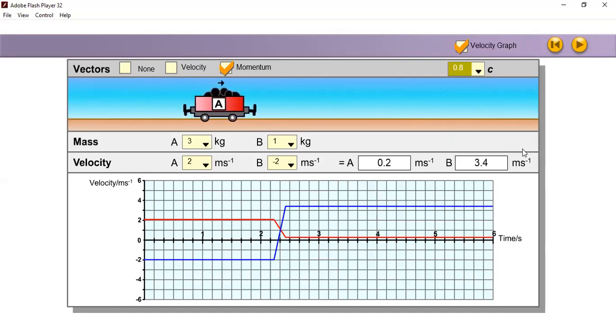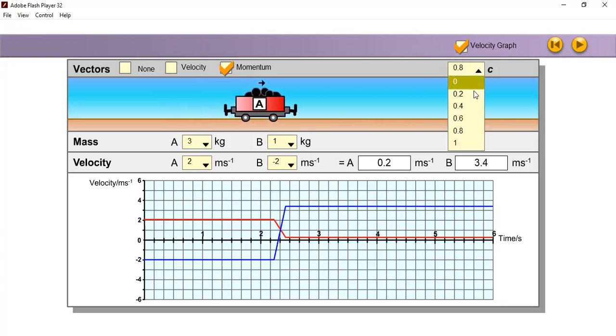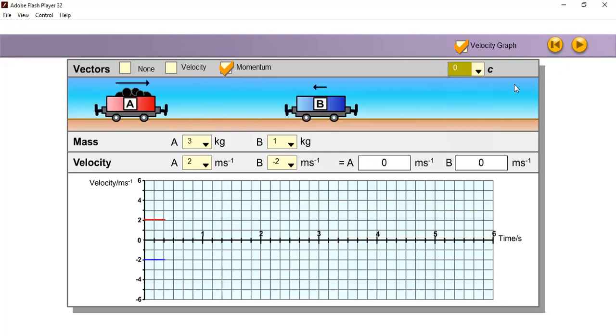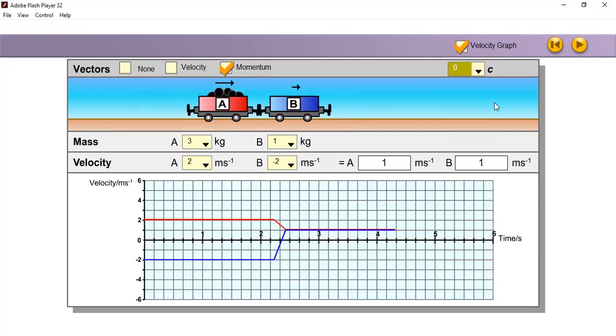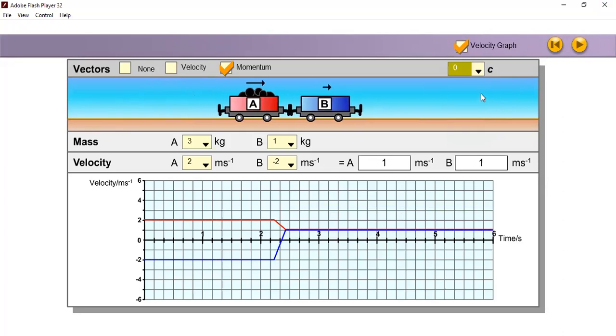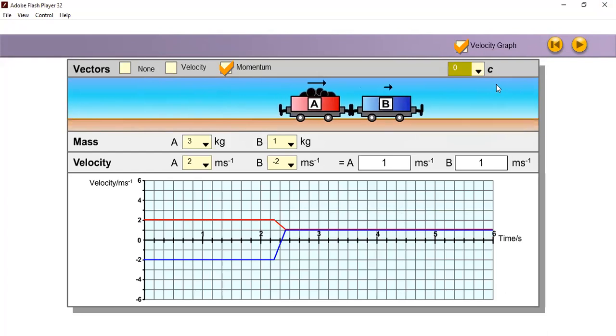Although we notice that they move differently, it is not a perfectly elastic collision. If 0, we notice that after collision it is less than 1. Let me see. 0 is the perfectly inelastic collision.